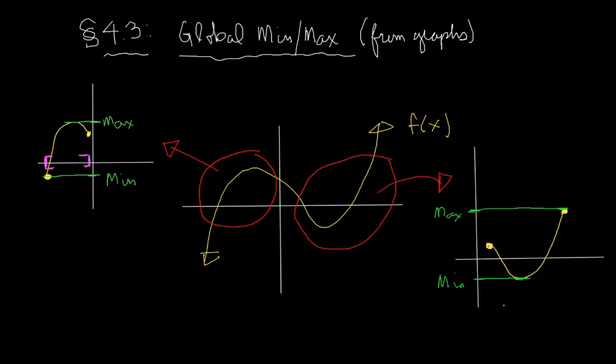You see, yet again, the global min and max are global over this interval, between all the numbers within these purple lines.